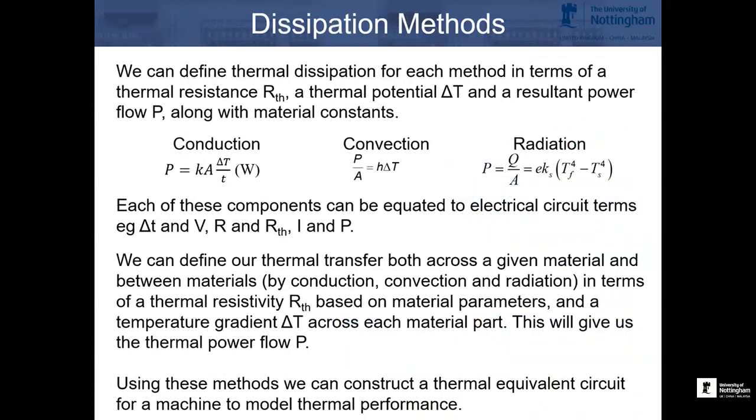And fundamentally, all of our different heat dissipation methods can actually be defined down to a fairly similar equation, where we can say the thermal power flow is going to be based on a couple of key characteristics, including a thermal resistance and a thermal material potential.